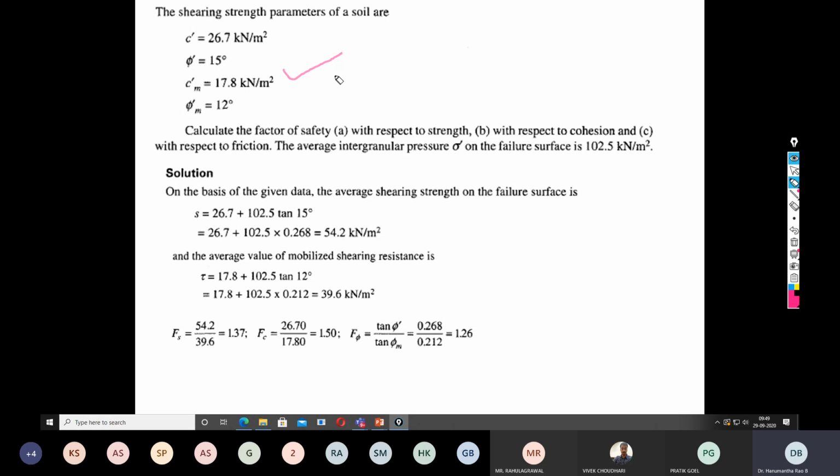Initially you need to understand at what cohesion and angle of internal friction the sliding just gets initiated. This is called the incipient condition. These values are the incipient conditions, the values just required to start the mobilization. That is the meaning of the mobilized value.